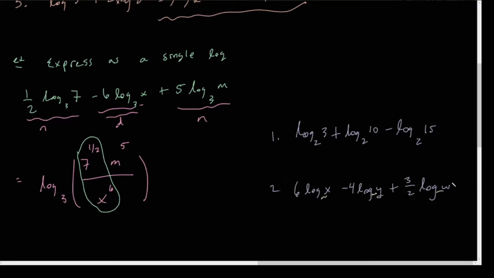It's just not written. Does that answer your question? Yeah, we want to get it all to just one log. Just smush them all together using the rules from earlier. That addition turns into multiplication, subtraction turns into division.